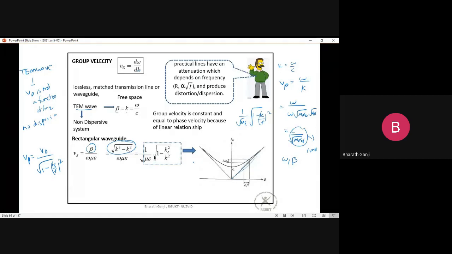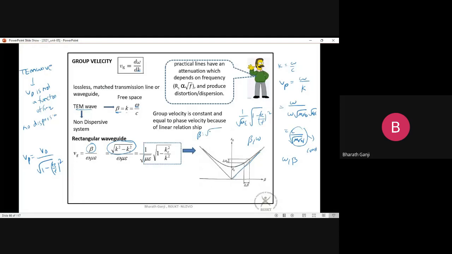If it was a transverse electromagnetic wave, beta and omega have a linear relationship, whereas in a rectangular waveguide, beta and omega have a non-linear relationship. You can see a parabolic kind of shape because beta is equal to square root of k square minus kc square.